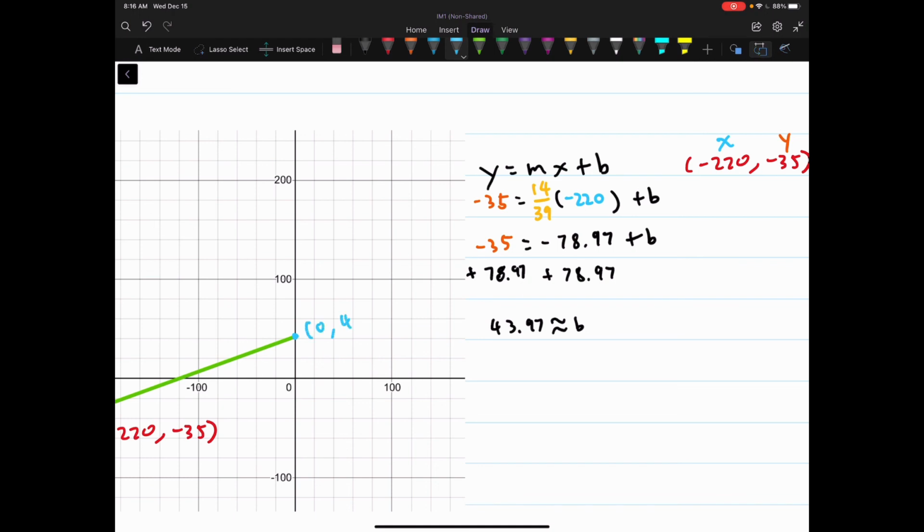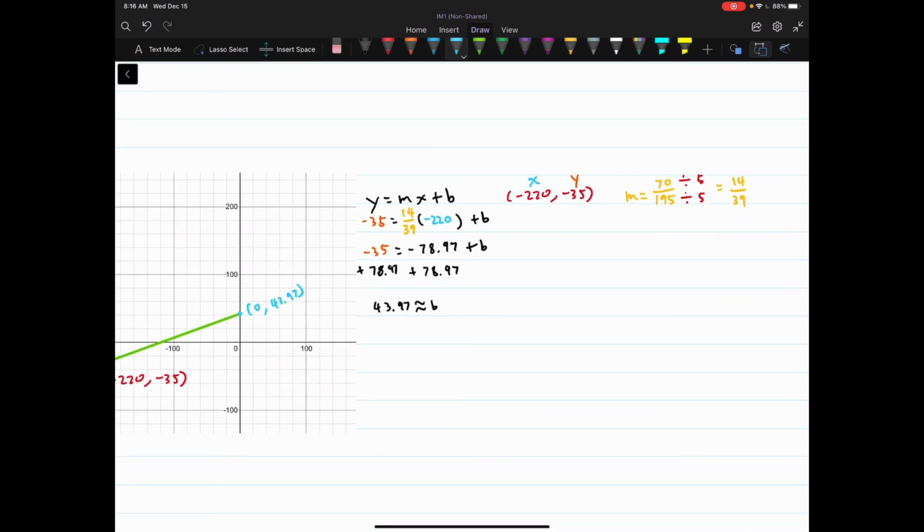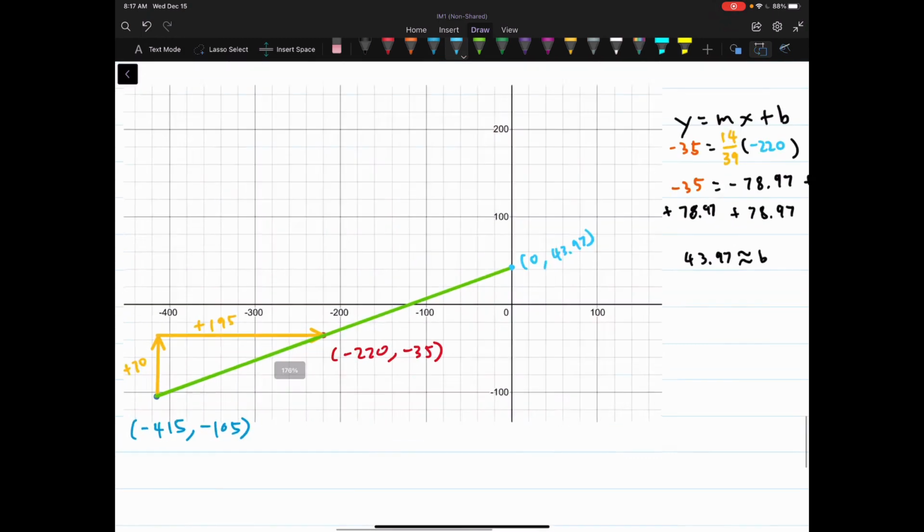So if I rewrite this equation, y equals mx plus b: y is equal to m, which is 14 over 39, x, plus b, which is 43.97.